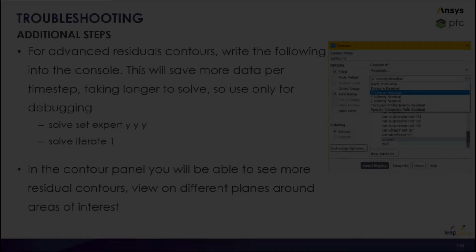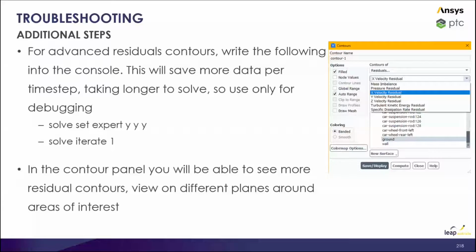So in the slides, you're going to get a section on troubleshooting. If you run this TUI command, remember I went through TUI commands, you could basically copy that into the text user interface. Solve, set, expert, yes, yes, yes. That's going to give us more options for looking at the residuals as a contour on the flow field.